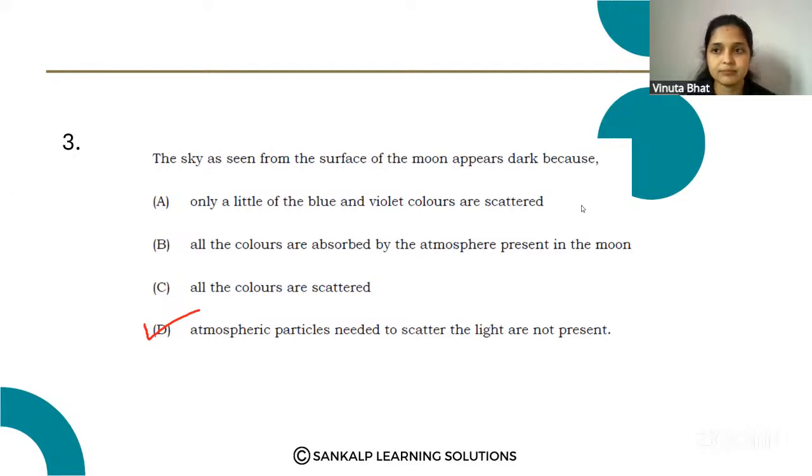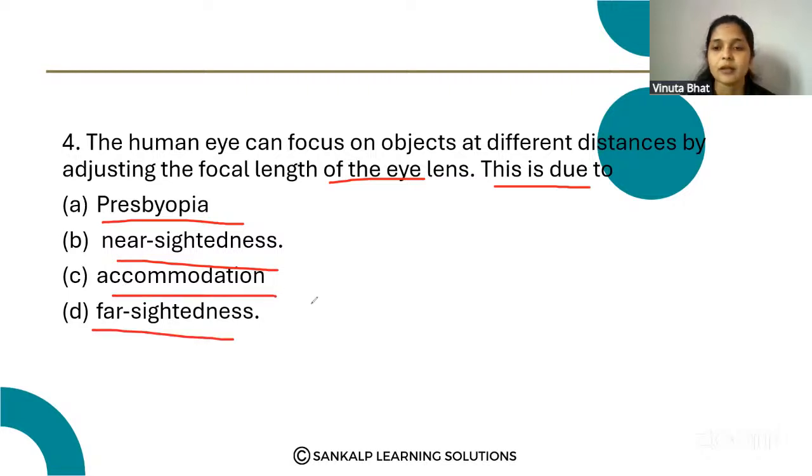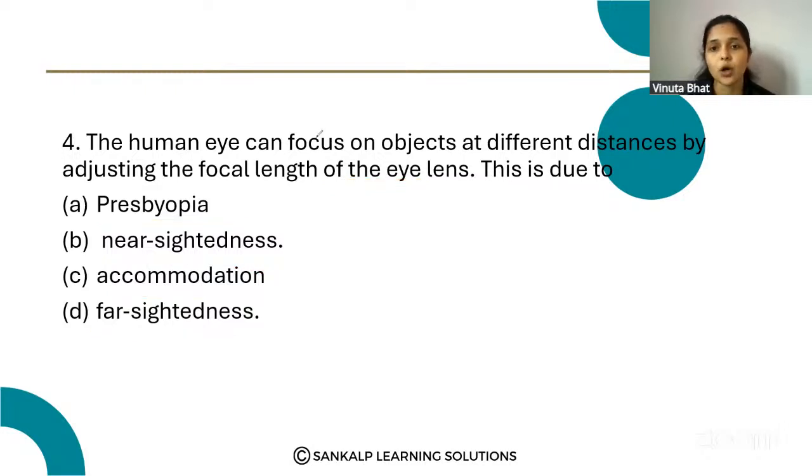Next question. The human eye can focus on objects at different distances by adjusting the focal length of the eye lens. This is due to presbyopia, nearsightedness, accommodation, or farsightedness.